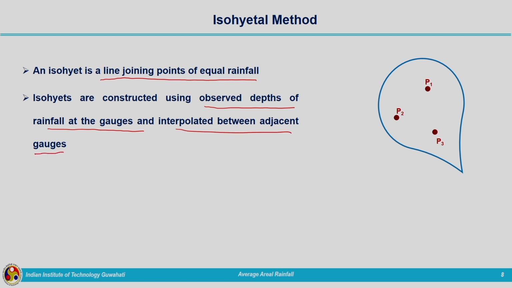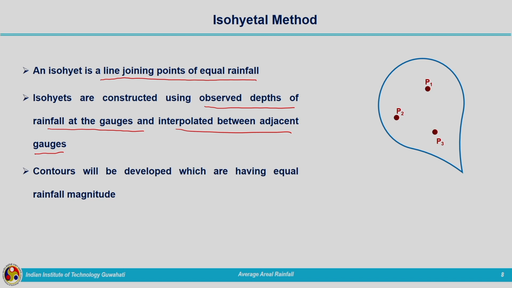These rain gauges will be giving you the rainfall data, and we will be drawing the contours which are having equal rainfall magnitude. How are we going to draw? We are drawing the contours by connecting the points of equal rainfall data. So, that way we are getting different isoheights within the catchment.